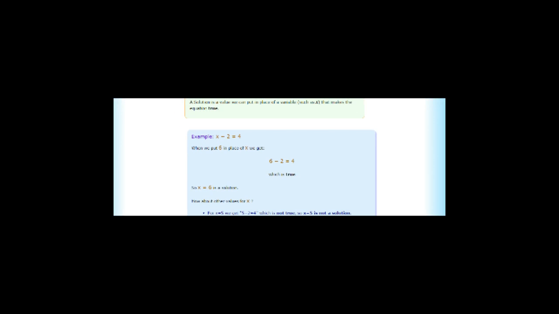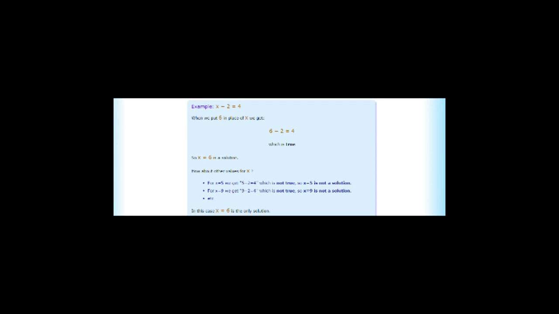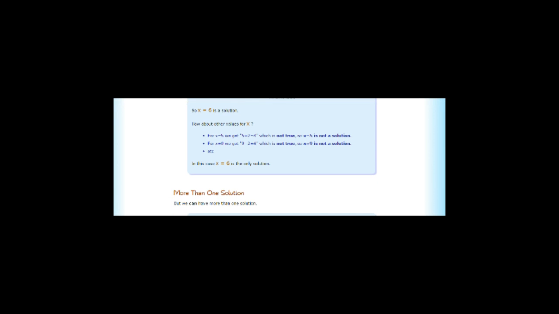Solving equations. What is a solution? A solution is a value we can put in place of a variable, such as x, that makes the equation true. For example, x minus 2 is equal to 4. When we put 6 in place of x, we get 6 minus 2 is equal to 4, which is true. So x is equal to 6 is a solution.